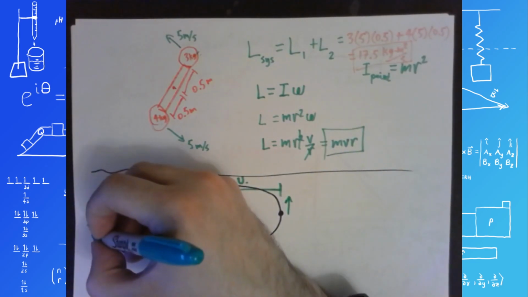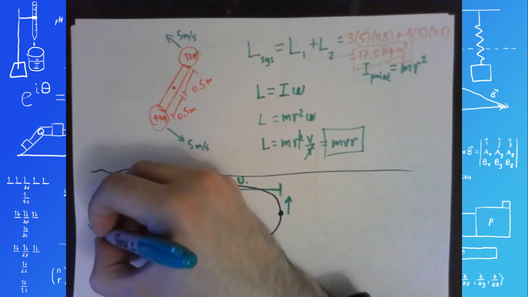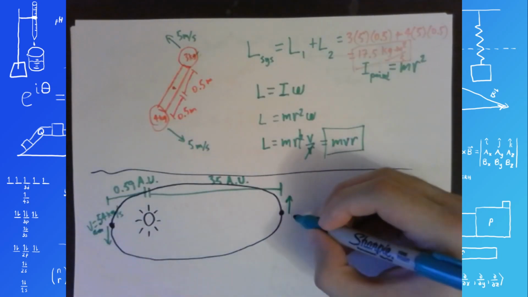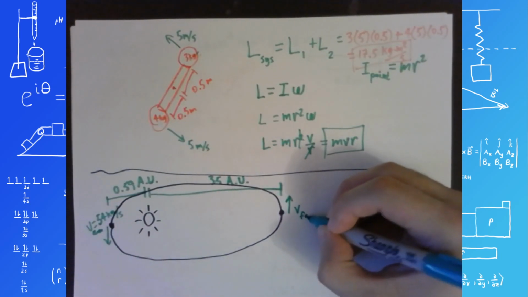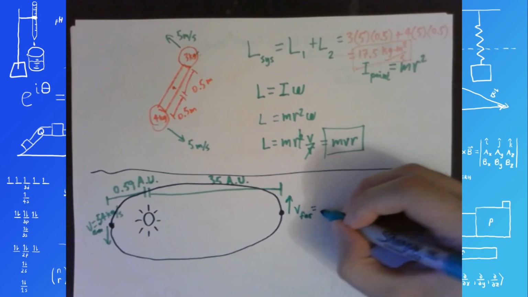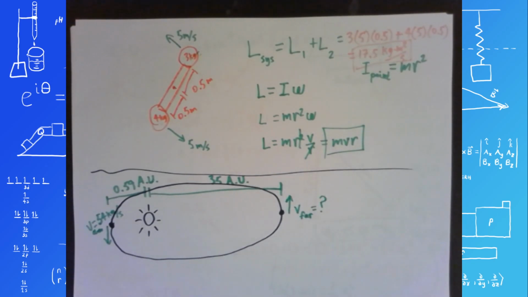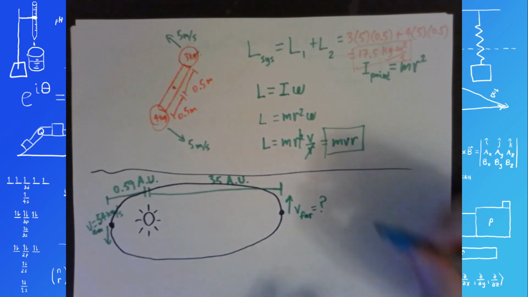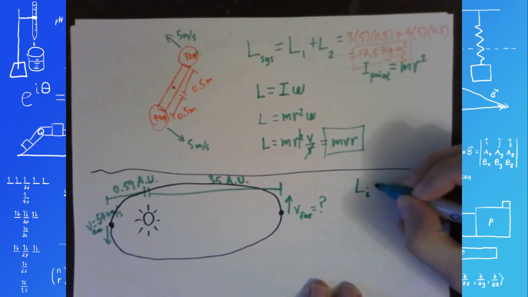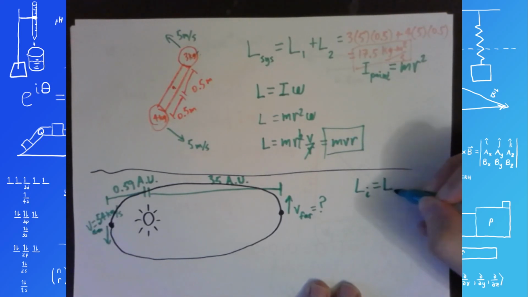So I'm going to call this v close, and I'm going to call this v far. And they say assume that angular momentum is conserved. So angular momentum initial of the comet equals angular momentum final of the comet.